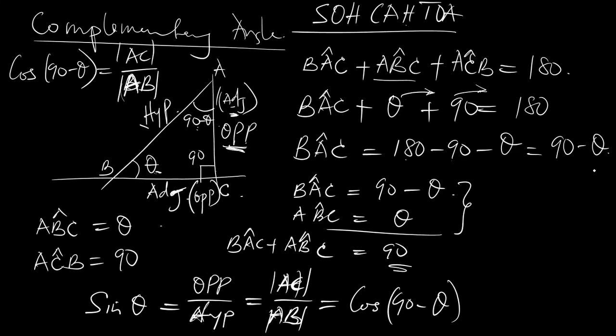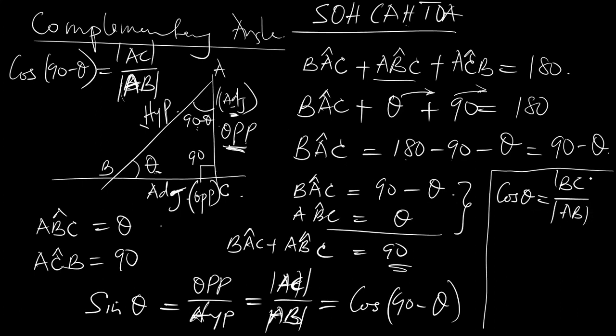Now, let's use this more specifically. Cos theta is equal to adjacent over hypotenuse. Adjacent is BC all over AB, which is the hypotenuse. Now, this is the adjacent to this angle, so this is the hypotenuse.